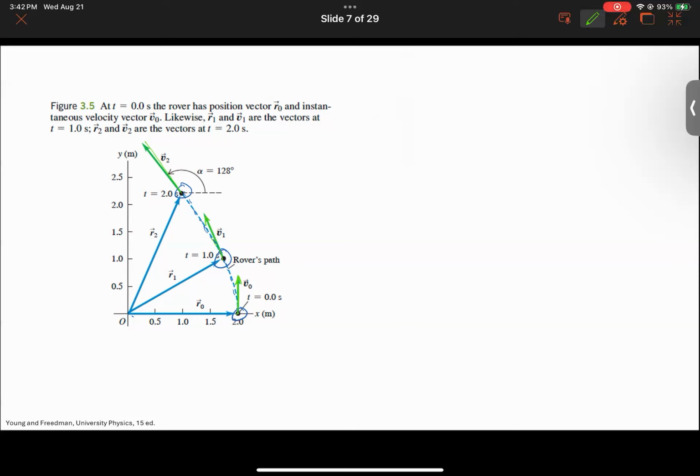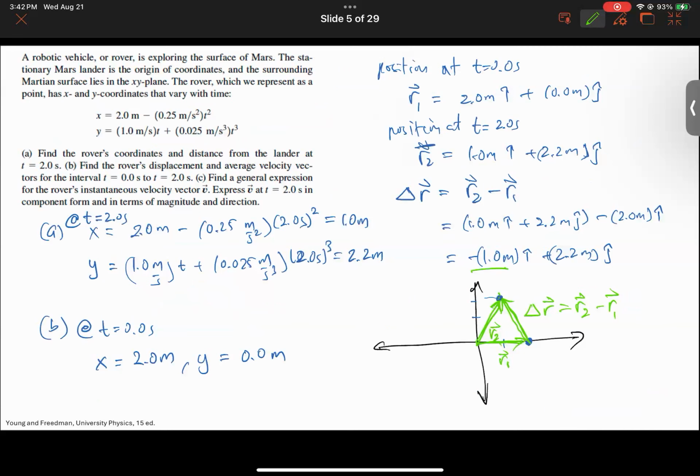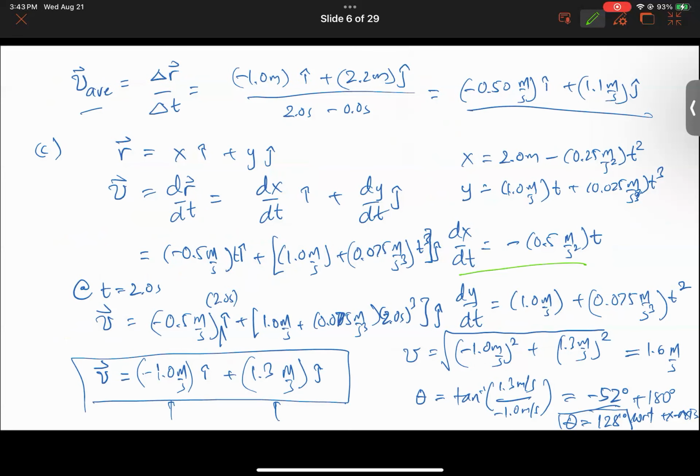Kung titignan din natin yung direction, at t equals 0 seconds, makikita natin na yung position niya ay at 0 and 2 meters, and yung velocity vector dito, kung titignan natin, at t equals 0, this will become 0, so walang component yung x, or 0 yung x component ng velocity at t equals 0 seconds.